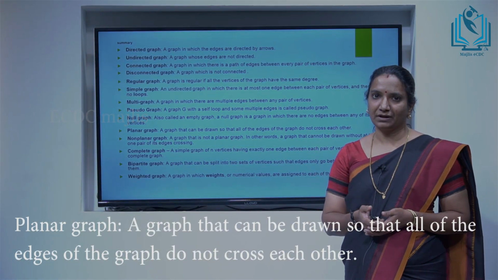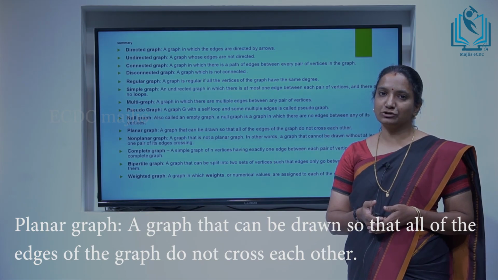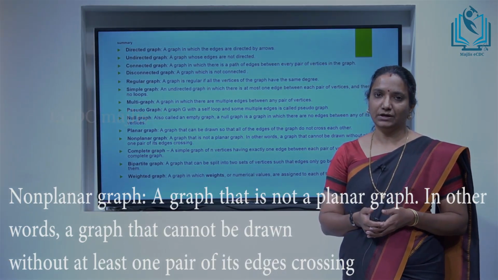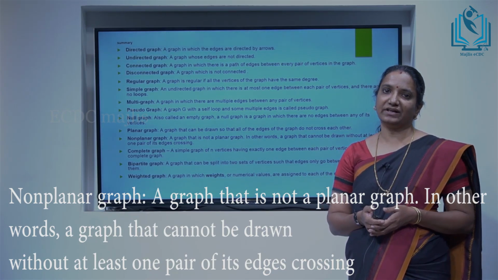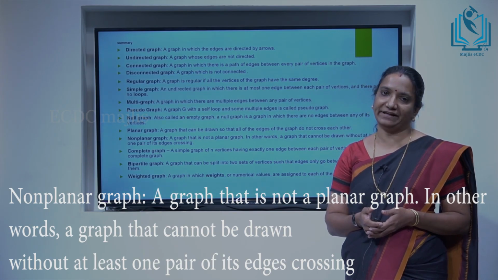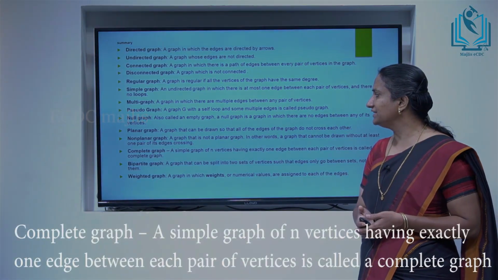Planar graph. A graph that can be drawn in a plane without edge crossing is called a planar graph. Non-planar graph is a graph where at least one edge is intersected while drawing in a plane. Next, complete graph.